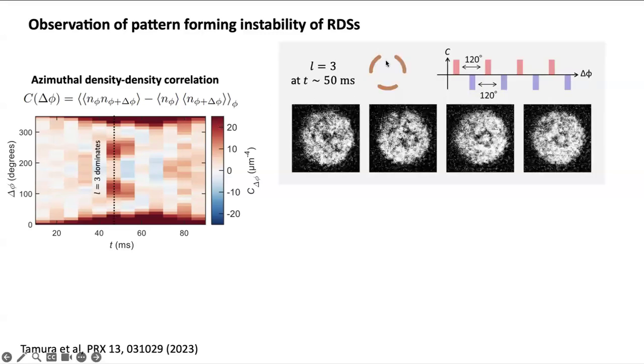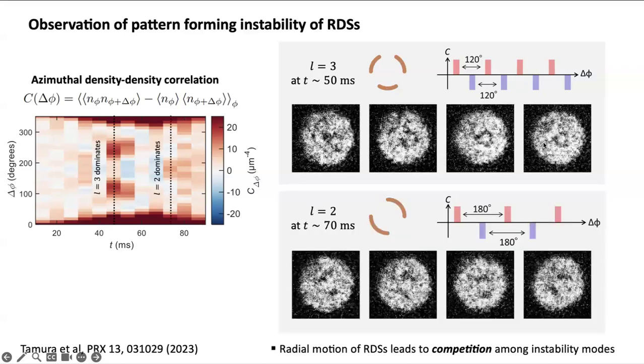That means you have an L equals 3 mode developing. So this is why you see all these triangular shapes. But in later times, this mode disappears, and in fact it becomes L equals 2 mode dominant. That's how we see that this soliton, once it bounces back, eventually breaks up into 2 stripes.